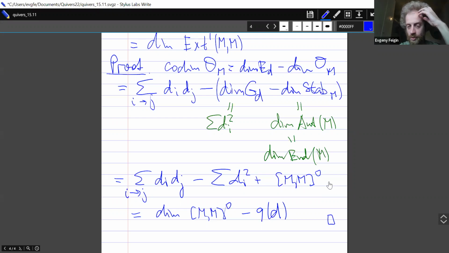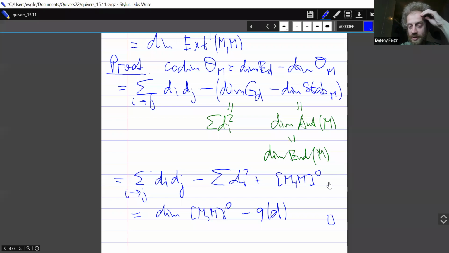So indeed, what are endomorphisms? These are collections of maps between the spaces. For each vertex, we need a map from the corresponding Mi to itself, and we have this condition that the square should be commutative, right?